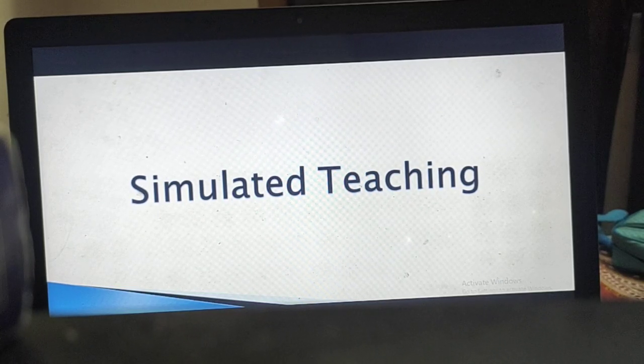Through micro-teaching, the teacher can develop their skills in the presence of a supervisor or peers.